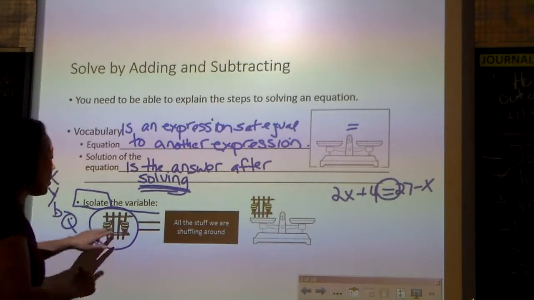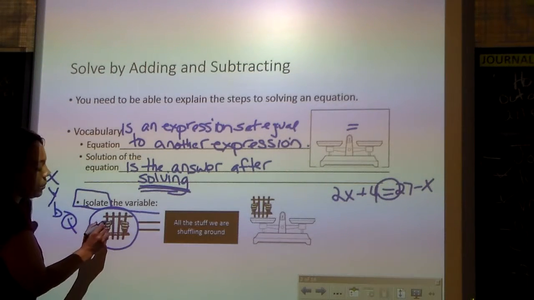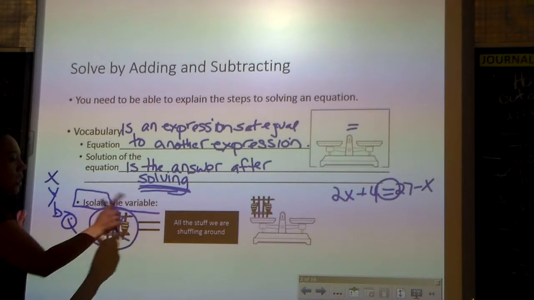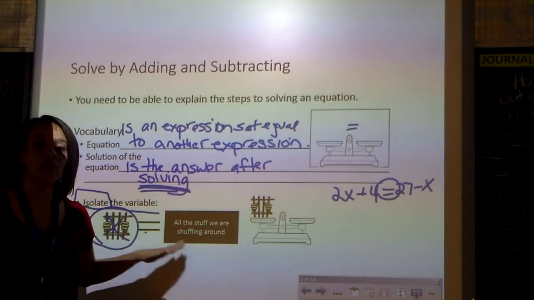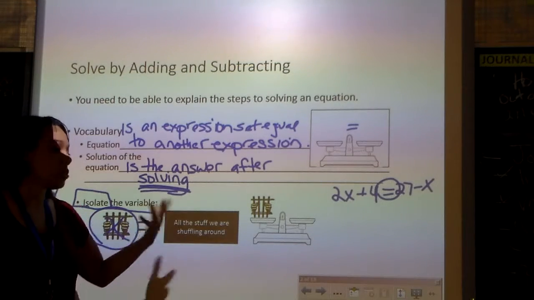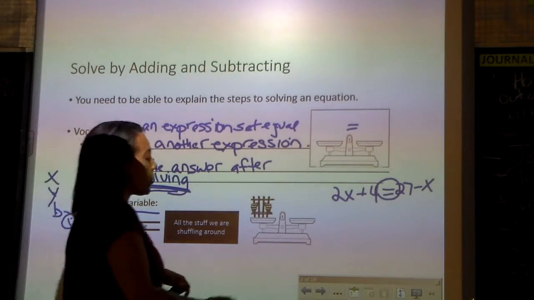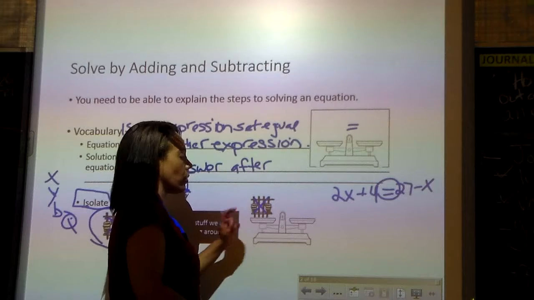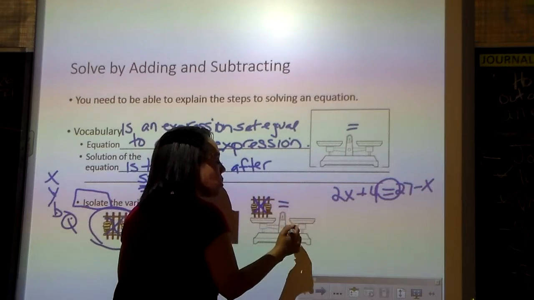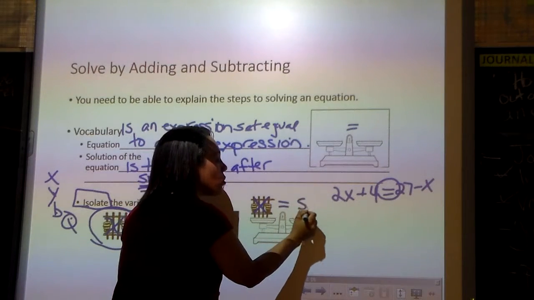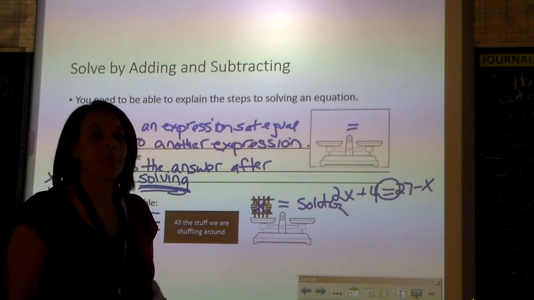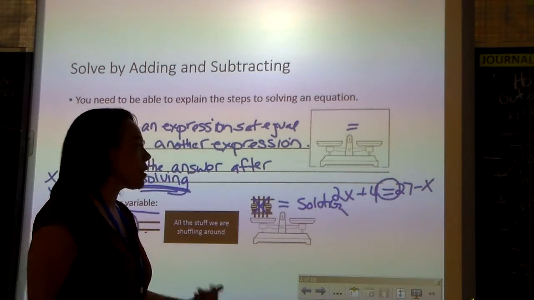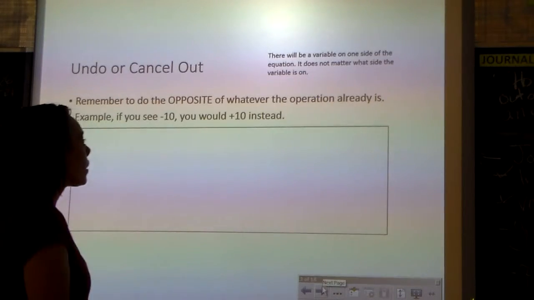So you would have your variable here, let's say it's an x, equal to all the stuff that we're going to shuffle around, which is what we'll be learning today. So your x, or variable, on the scale would be equal to some solution right here. Okay? If you have all that, we're moving on to the next screen.